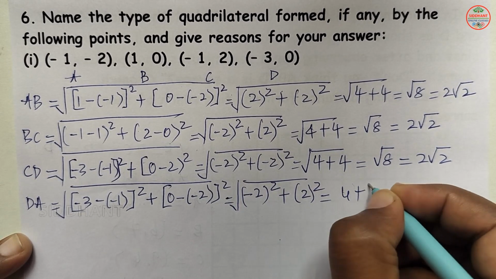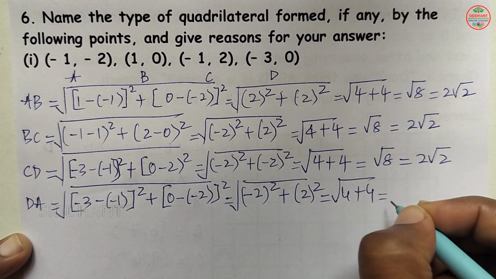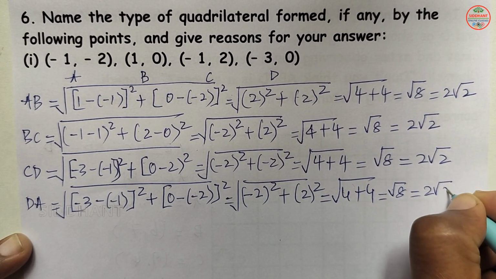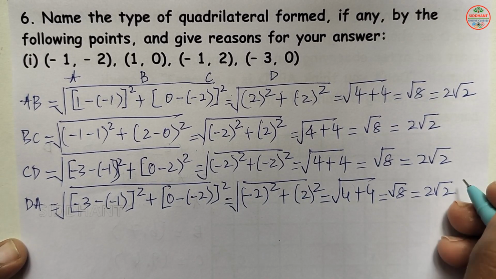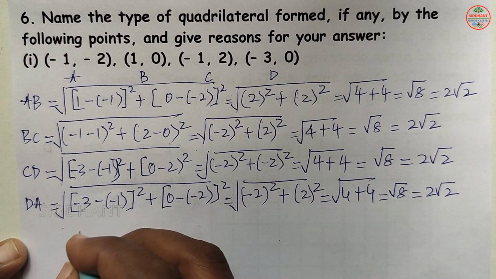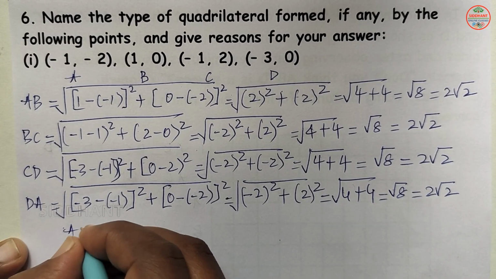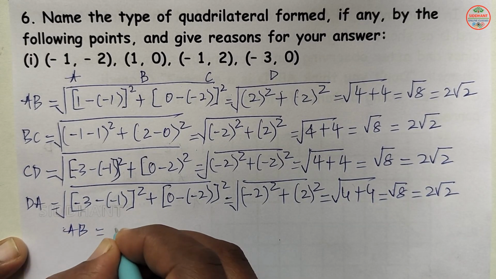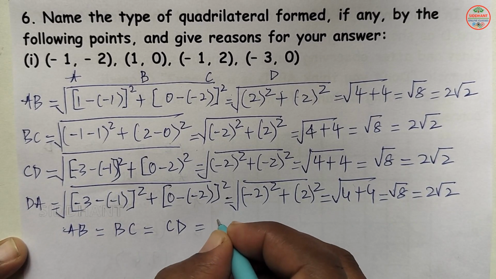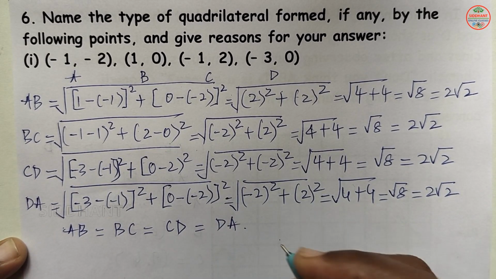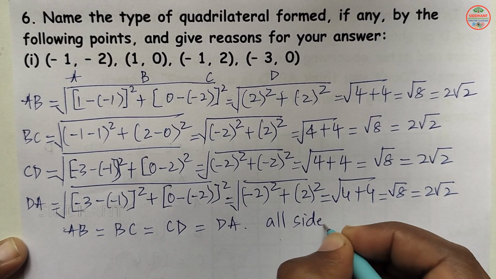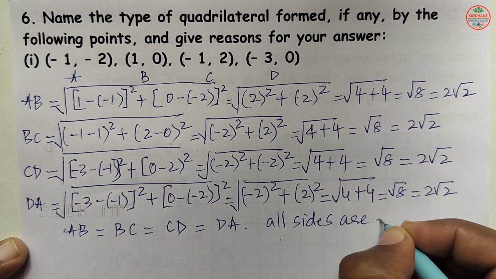So here 4 plus 4 square root, so that will be square root 8, which is 2 root 2. So when you compare the sides, all sides are 2 root 2, which is AB equal to BC equal to CD equal to DA. So all sides are equal here.